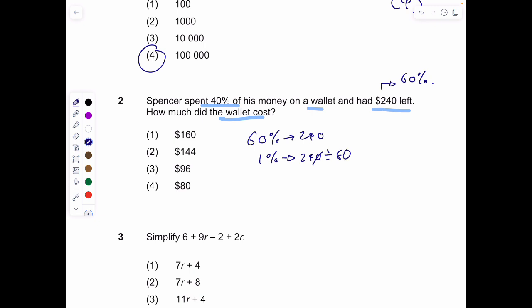We can cancel the zeros, and then 24 divided by 6 would be 4. And then after that, we want to know what is 40%. So 40% in this case would actually be 160. Answer 1.